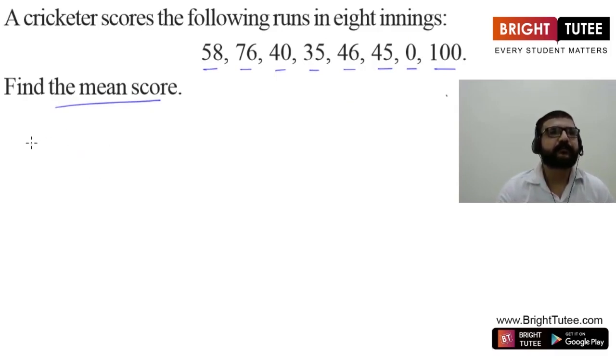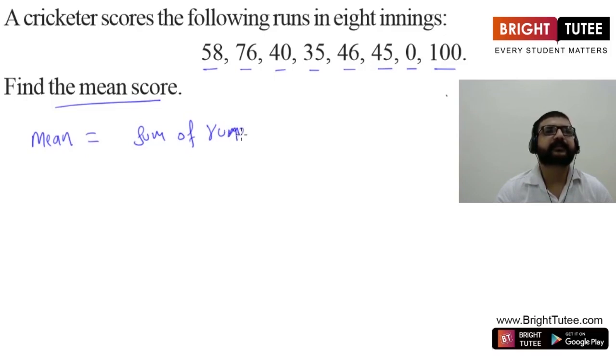Now as we know, mean is equal to the sum of all the observations, or the sum of all the runs here, divided by the number of observations, or we can write here the number of innings.